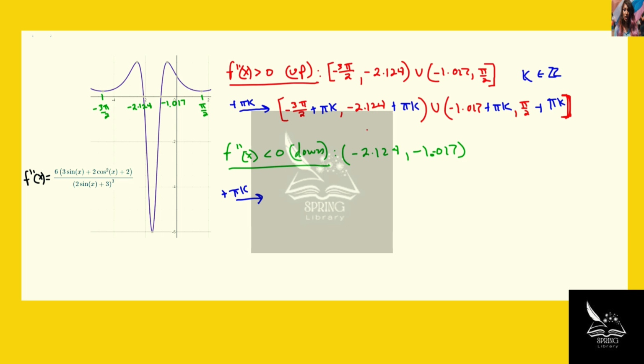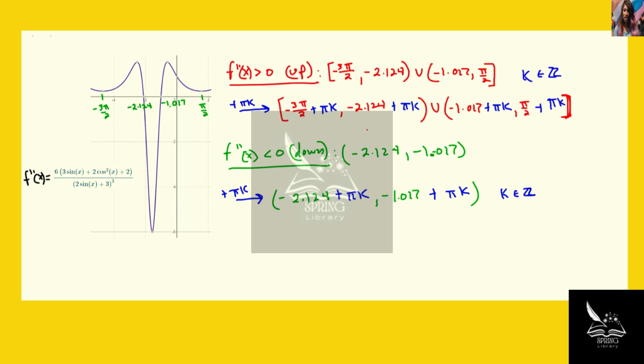And that's going to give us negative 2.124, oh, almost forgot to put the plus pi k right here, plus pi k, and then negative 1.017 plus pi k, and k is just some element of the integers. And so this tells us all of our intervals where the function is going to be concave down.